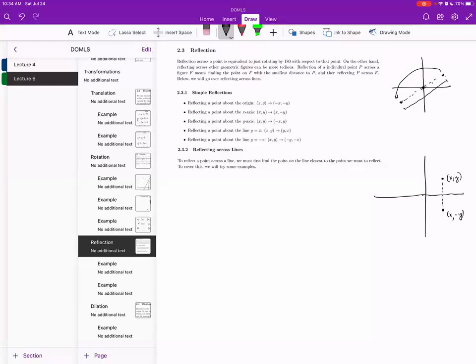So x, y would go to x, negative y. And the same thing happens when we reflect across the y-axis. The x coordinate is just going to swap signs, so we're going to go from x, y to negative x, y.